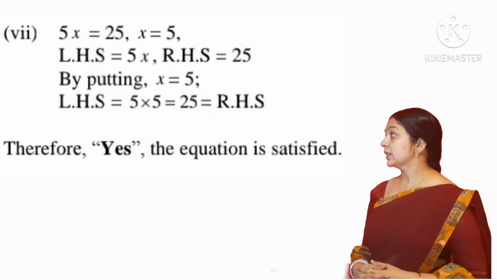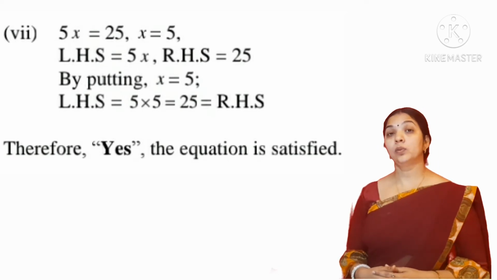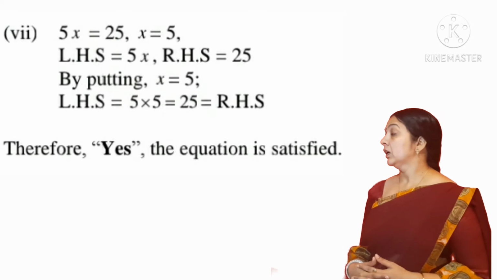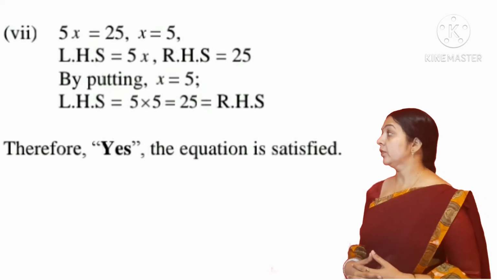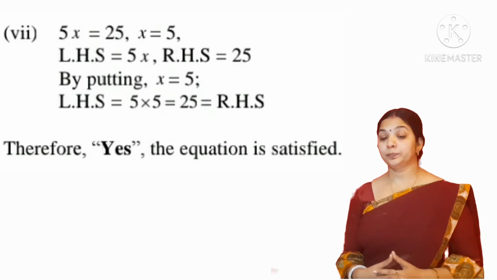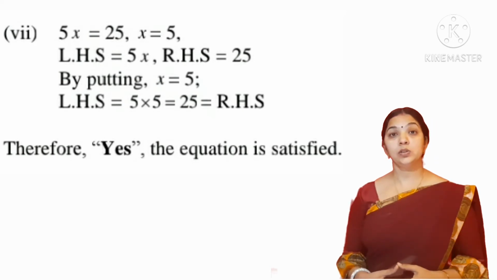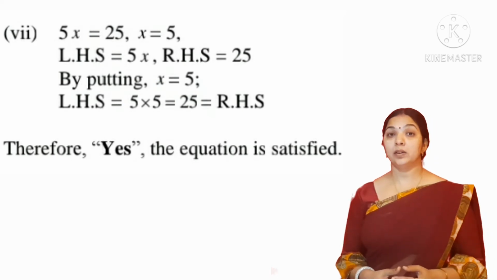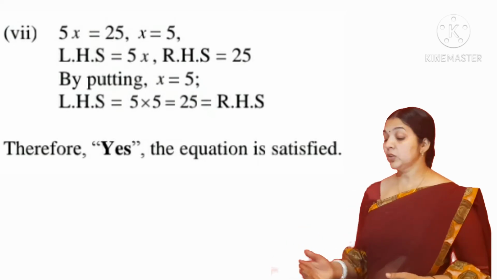Next one is 5x is equal to 25, and the value of x is equal to 5. We will place x is equal to 5 in LHS. So we will get 5 into 5 is equal to 25. So yes, LHS and RHS both are equal. So we will say yes, the given value x is equal to 5 satisfies the given equation.